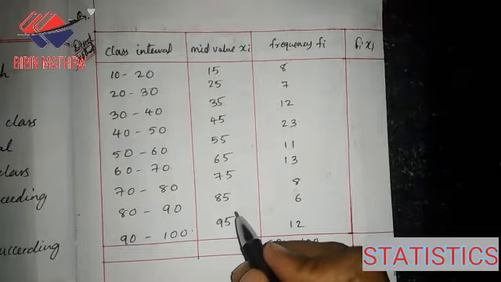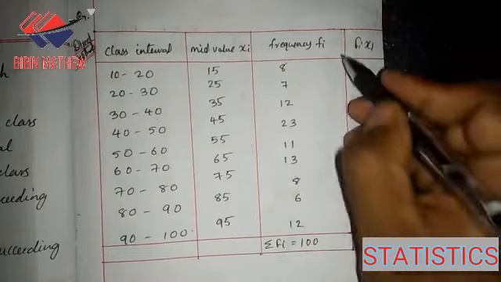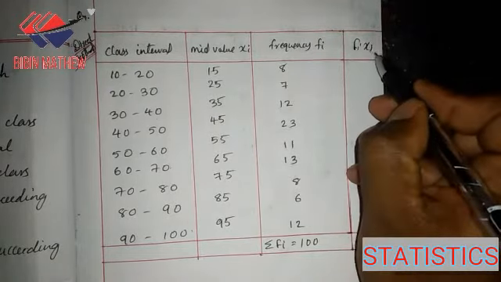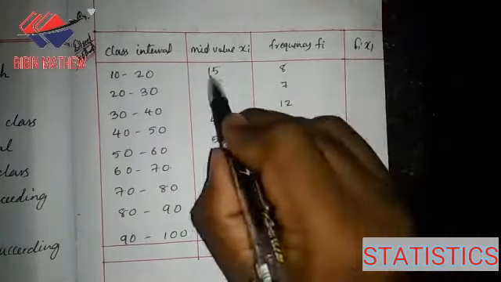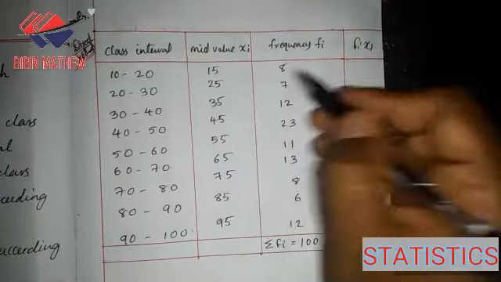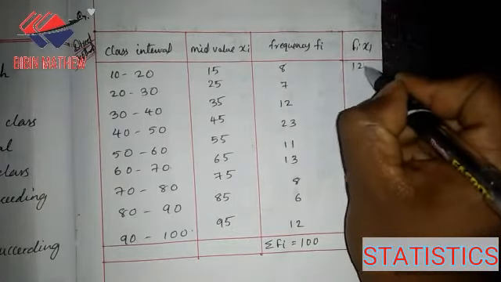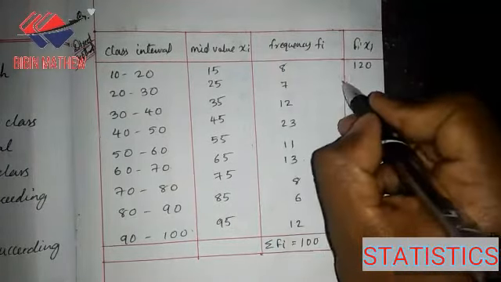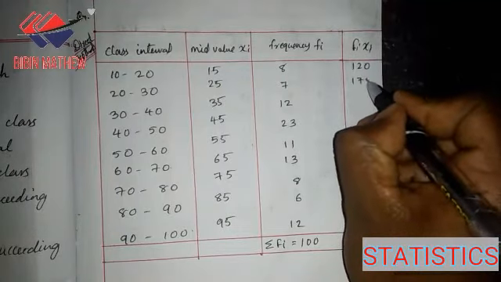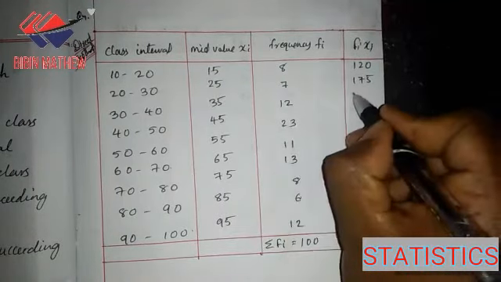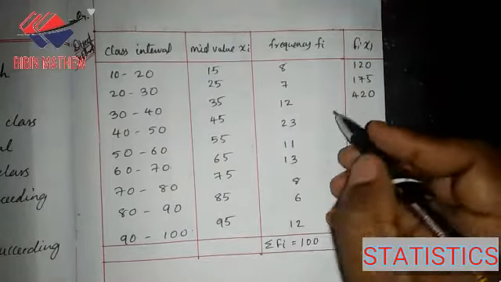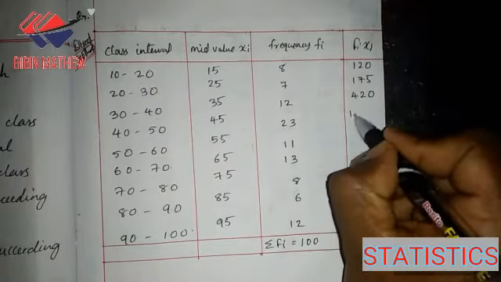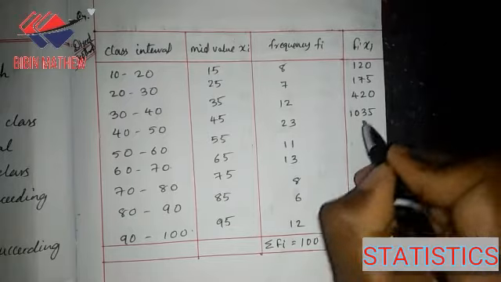After getting these entries, the third column is fi xi. You have to multiply these two. fi is here, xi is here, multiply both and write here. So 15 8s are 120. Next one, 175. Third one, 420. Then fourth one, 1035.